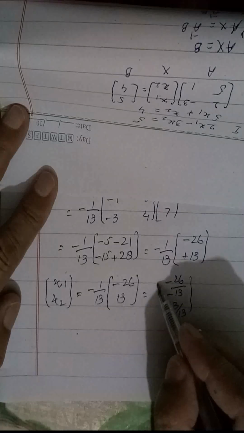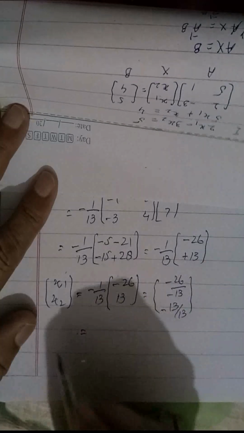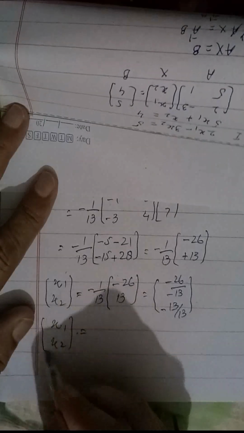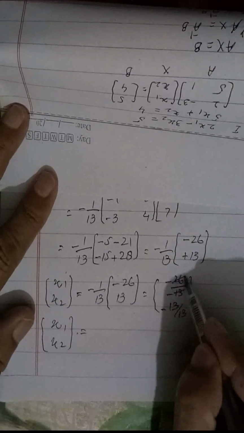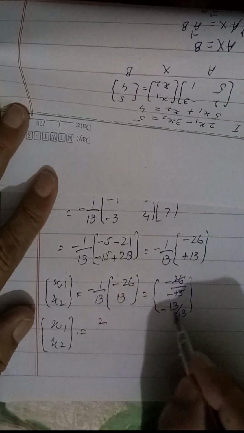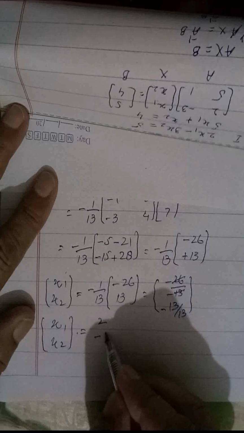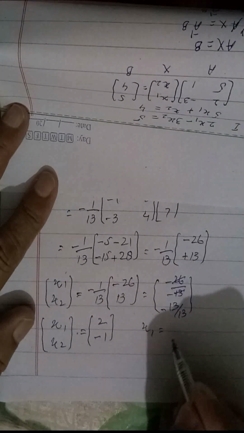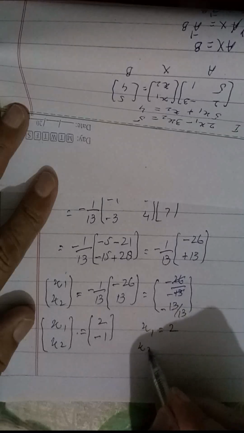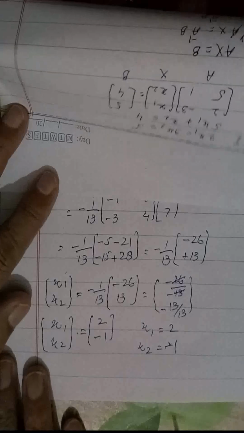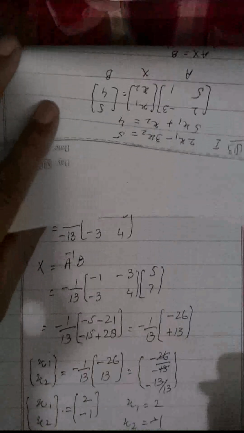Now simplify it: x1 is 2, and when 13 is divided by 13... we get -1. So x1 is equal to 2 and x2 is equal to -1, which is our answer.